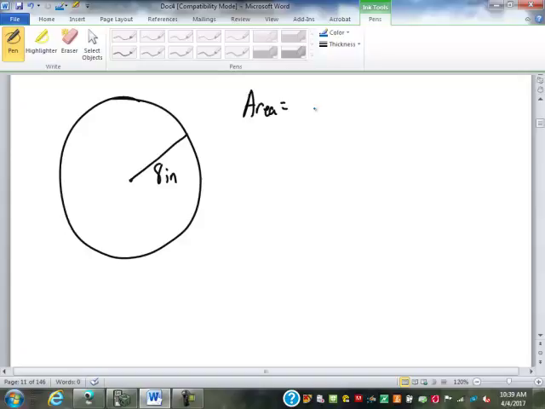Length or is it pi length? No, it tastes like a lot of erasers. Pi times the diameter, circumference.